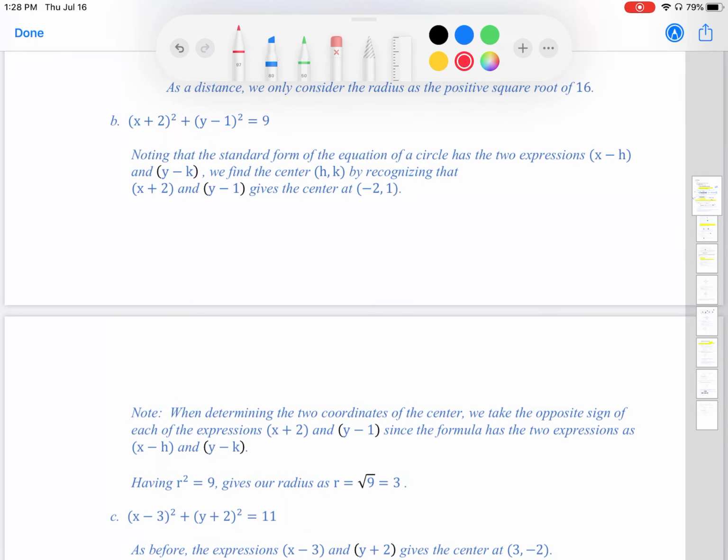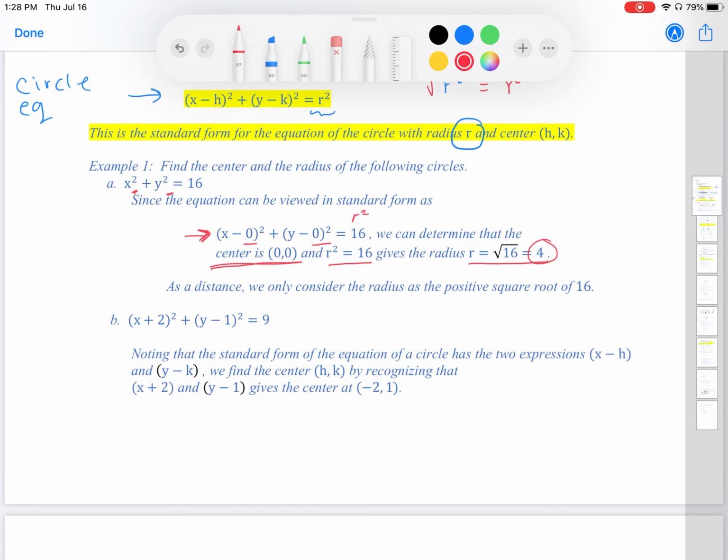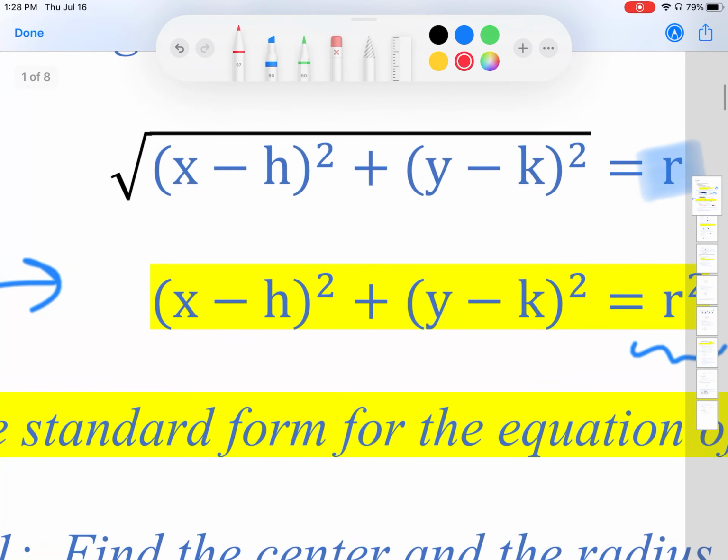B, we have x plus 2 squared and y minus 1 squared. So if I can point out the formula, notice that we have a minus. So minus a number and minus a number. So what this does is that causes a sign change.